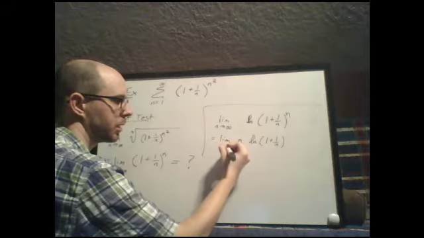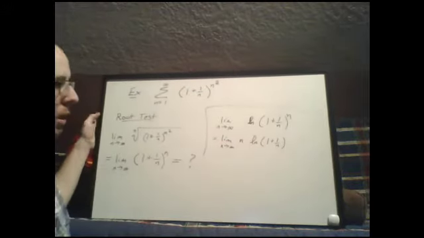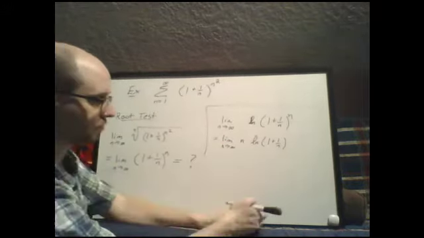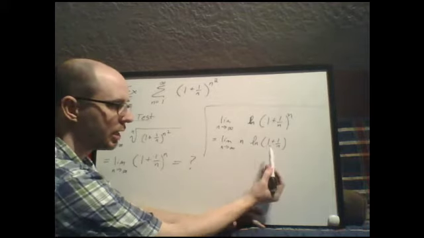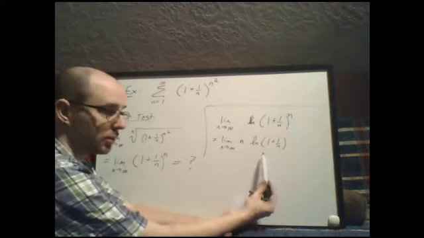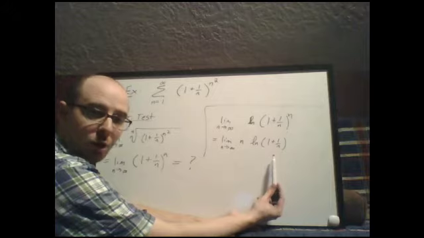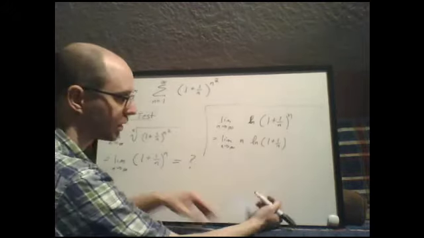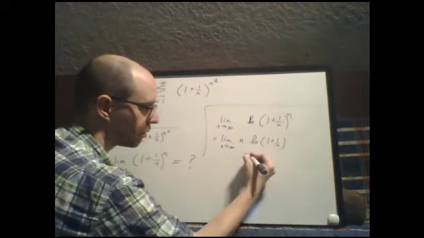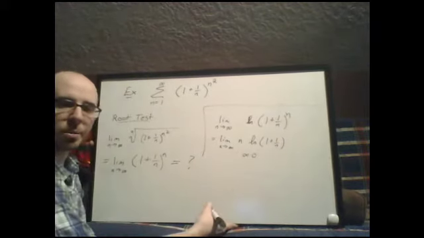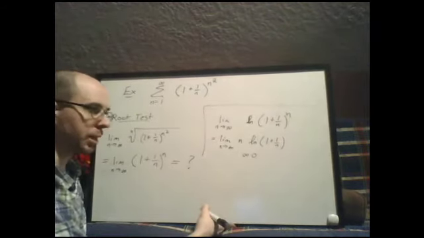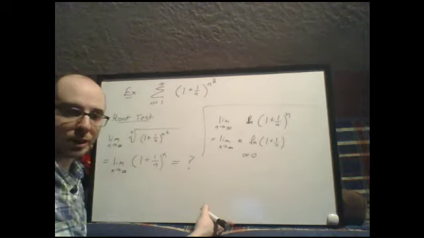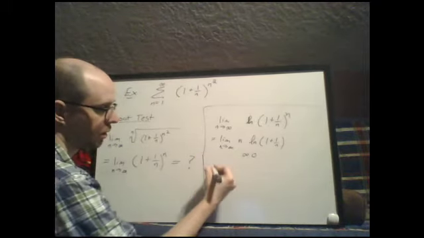As a multiplier. And now this limit is infinity times ln of infinity times ln of 1, which is 0. That's an indeterminate product, so infinity times 0. We handle those by rewriting it as a quotient and using L'Hopital's rule.